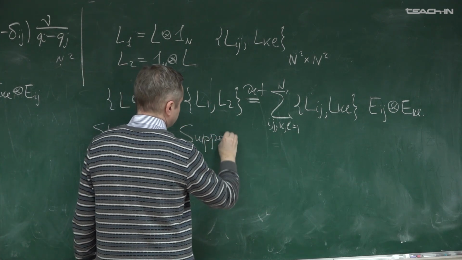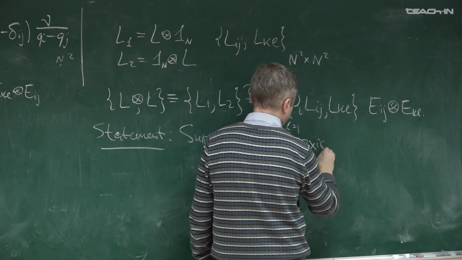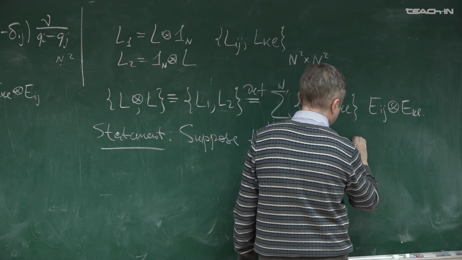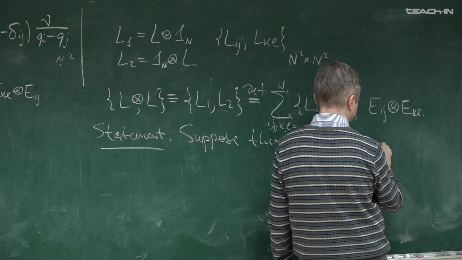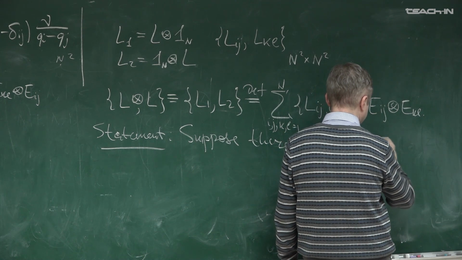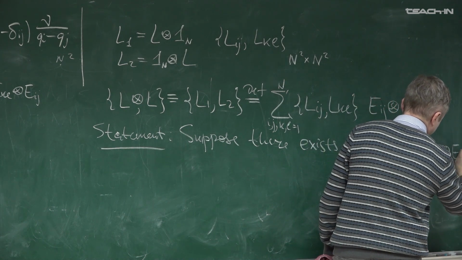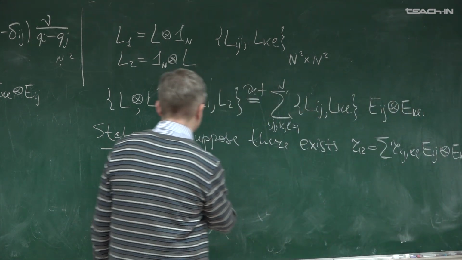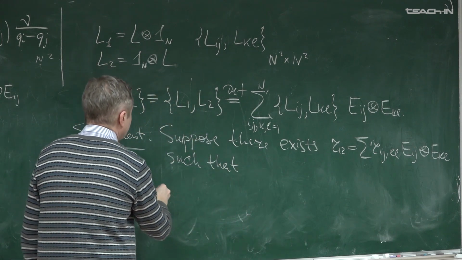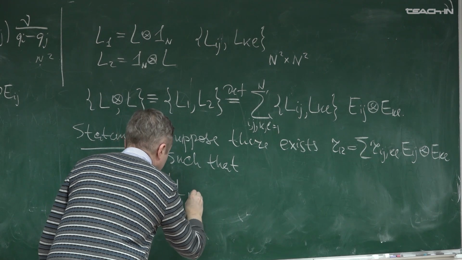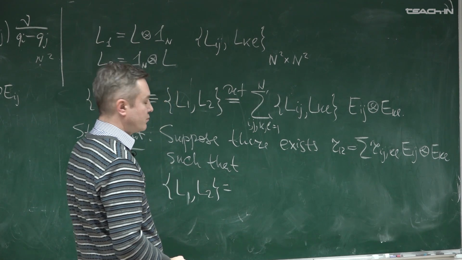Suppose there exists some element R12 of the second tensor power of matrices such that this object {L1, L2} is represented in the commutator form.